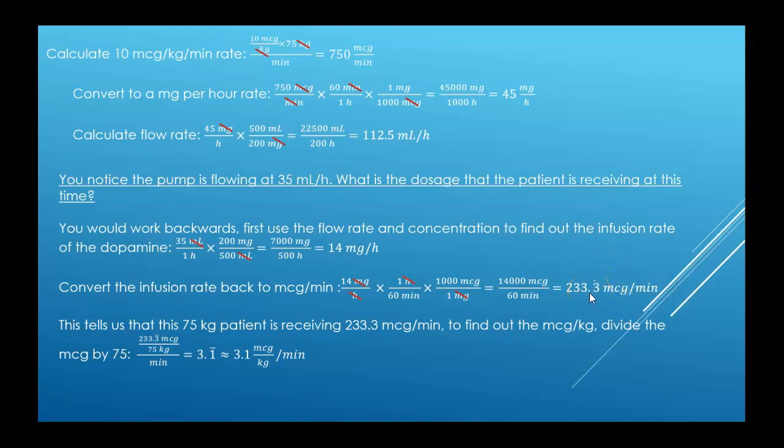So now we can actually find out how many micrograms per kilogram, because this 75 kilogram patient is receiving this many micrograms every minute. So if we take this many micrograms and divide it by the 75, that tells us exactly how many micrograms per kilogram per minute.